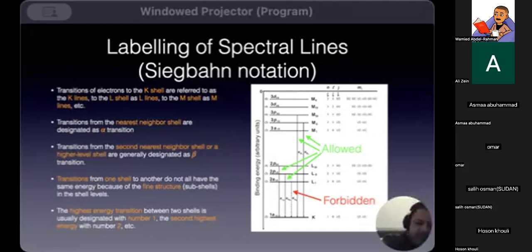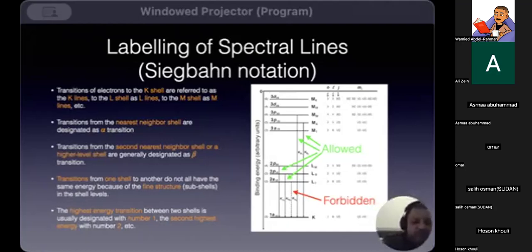The photon energy emitted is the difference between the two subshells. This photon energy will be greater than if the transition happened from L2 to the K shell, because the photon energy there is going to be less. So we use the subscript 1 to indicate the highest energy transition.